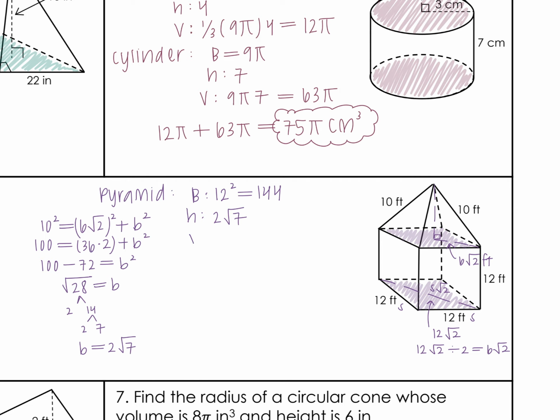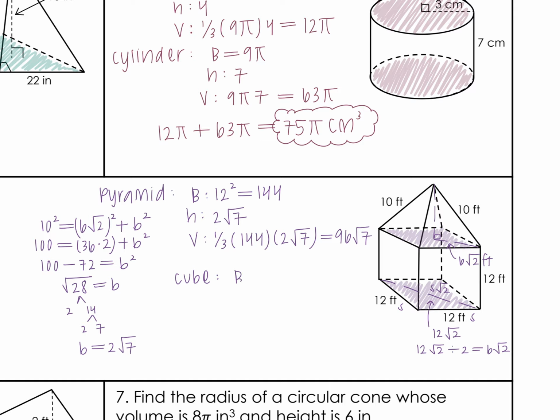So plugging in for our volume, we would have our 1/3 of that 144 times 2 root 7, which will give us a volume of 96 root 7. Now we need to do the volume for our cube.